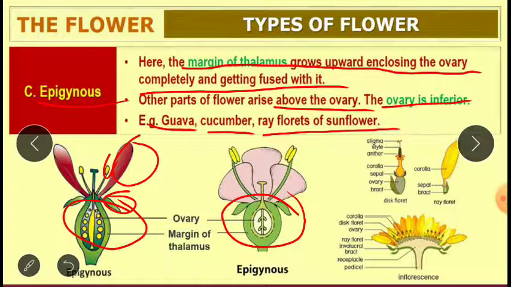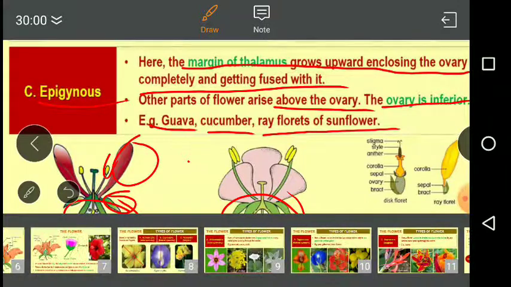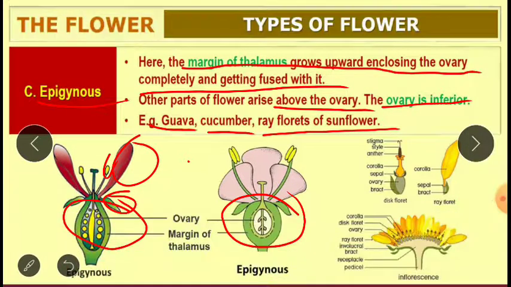So with this we complete the types of flowers. Based on presence of bract we studied, then the number of floral appendages, then the types based upon the ovary position, and we also saw the types of flowers based upon how we can cut them, that is based upon the symmetry.